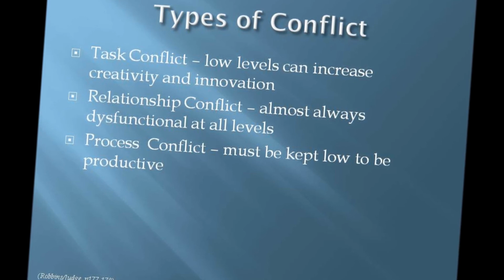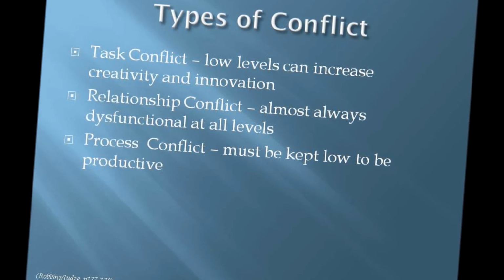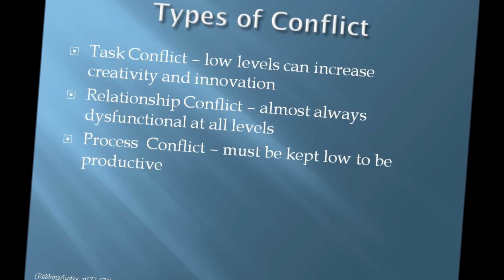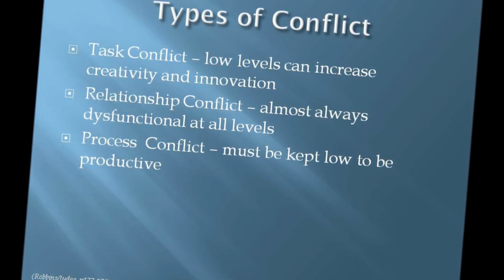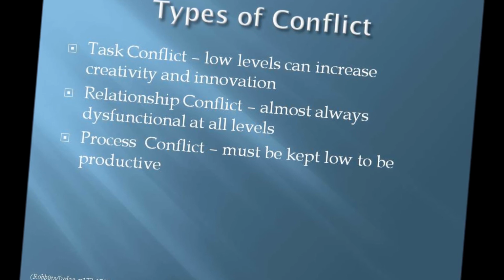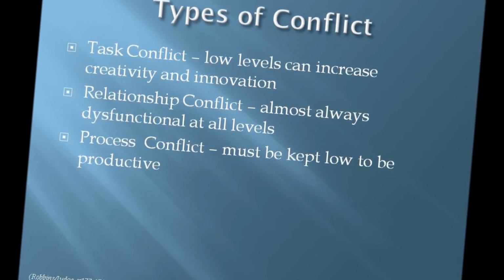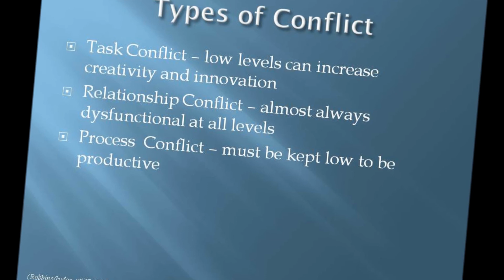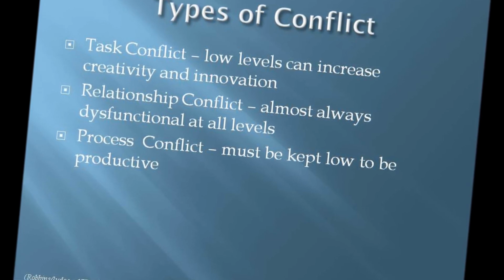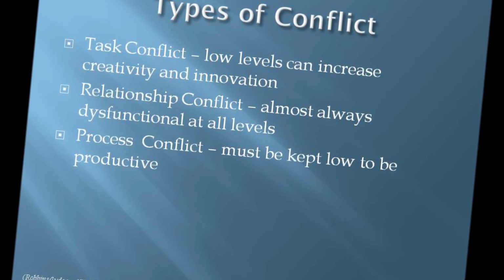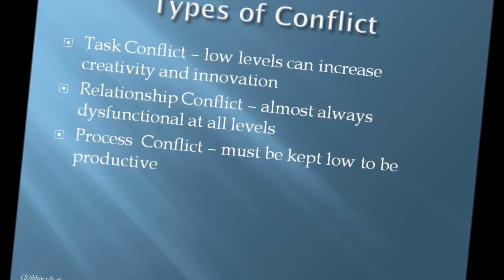For this type of conflict to be productive, it must be kept low. When task and process conflict are productive, they improve the quality of decisions, stimulate creativity and innovation, and encourage interest and curiosity among group members, thus providing the medium through which problems can be aired and tensions can be resolved.